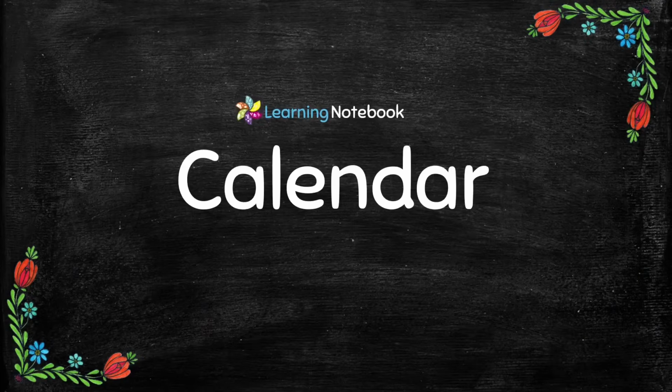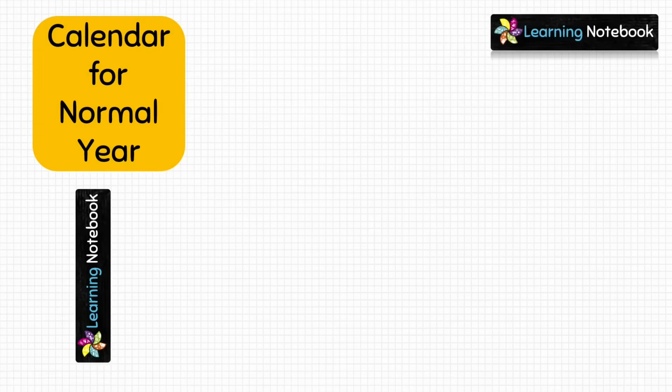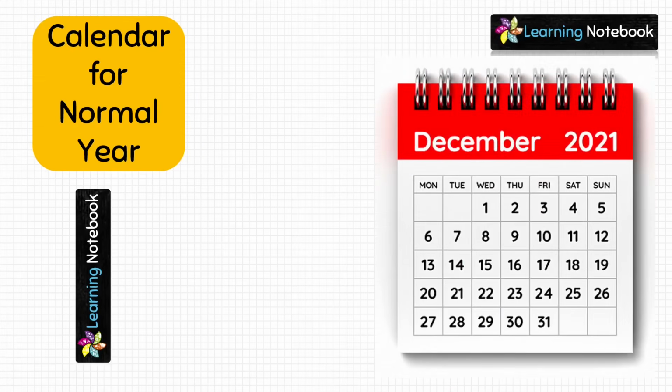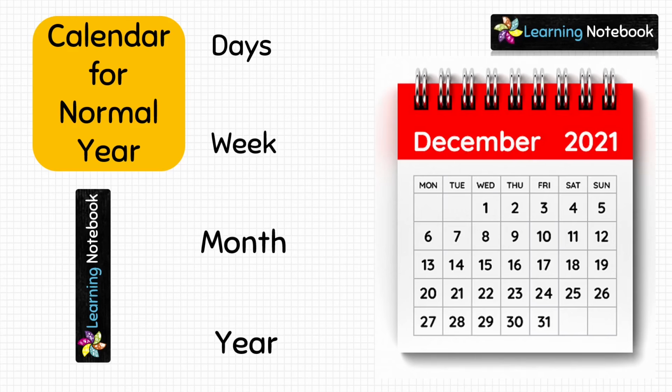Now let's move to our next topic, calendar. First, let's understand the calendar of any normal year. Students, when we see any calendar, we see days, weeks, months and year.